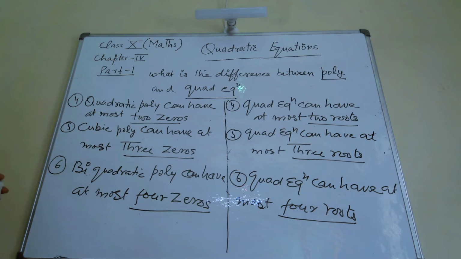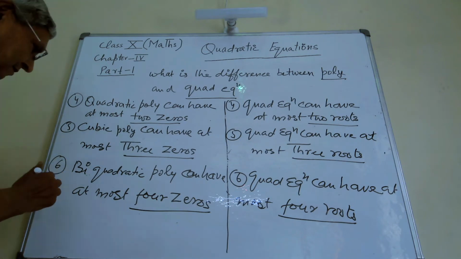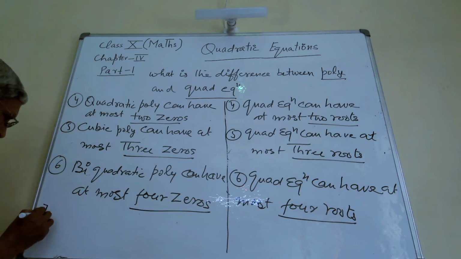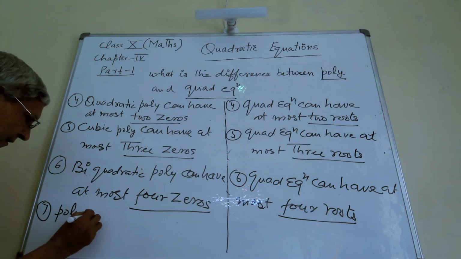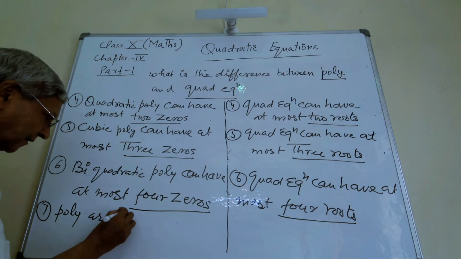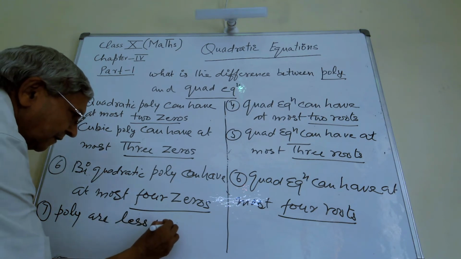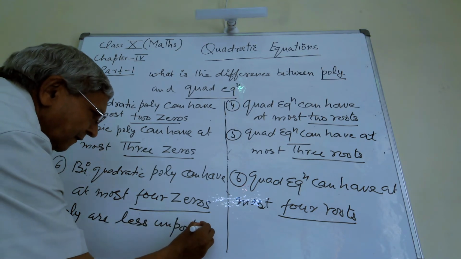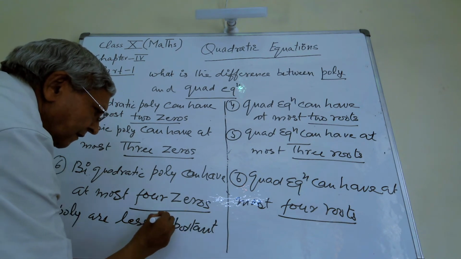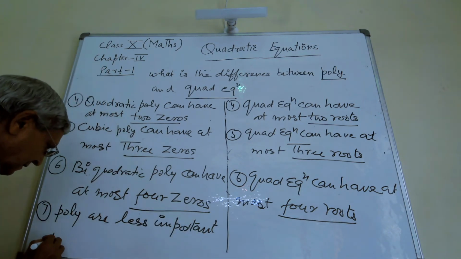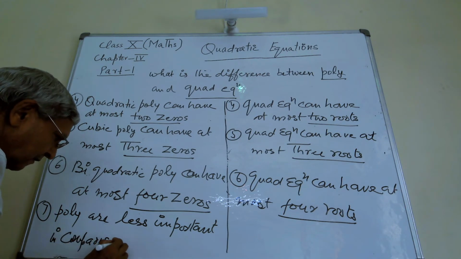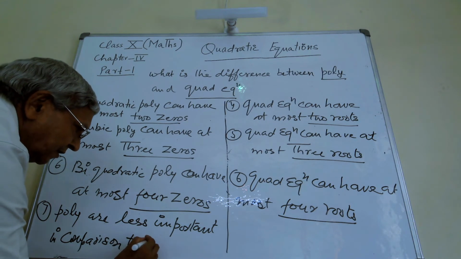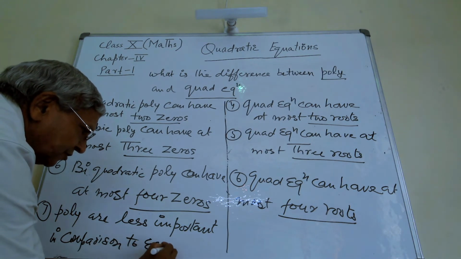Equations are more important than polynomials. Polynomials are less important in comparison to equations.